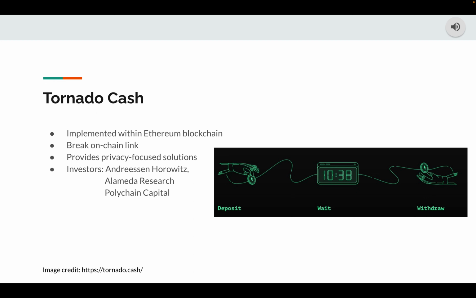Tornado Cash has received investment from multiple venture capital firms and DeFi-focused investment funds, including Andreessen Horowitz, Alameda Research, and Polychain Capital.